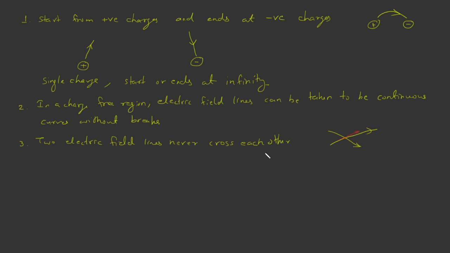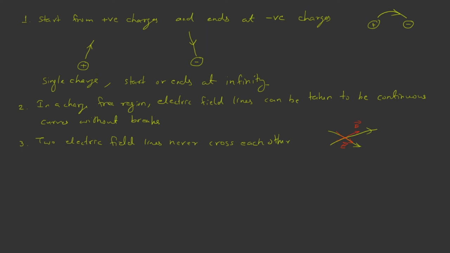One is in this way and the other is this way. So, it means that there would be an electric field in this way and this way. Is it possible that the net electric field at a point is in two directions? No, it is not possible. So, two electric field lines never cross each other.